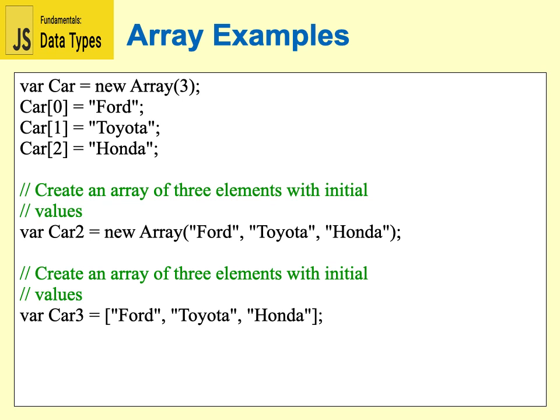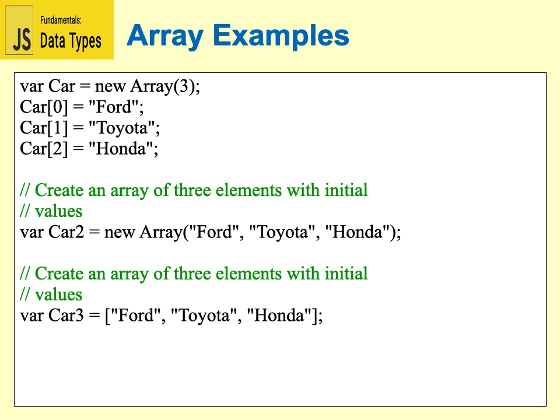One example is here with respect to arrays. var car is equal to new Array of 3. So car is the array name with size 3, and car of 0, 1, 2 are the index positions of the car array. All the index positions are assigned with index numbers and the array locations are initialized with string values. Car of 0 is equal to Ford, car of 1 is equal to Toyota, car of 2 is equal to Honda.